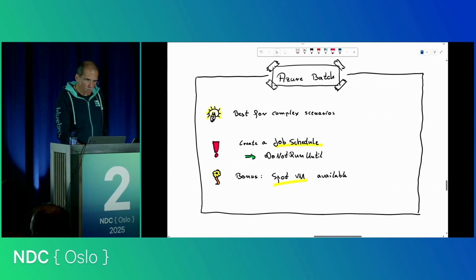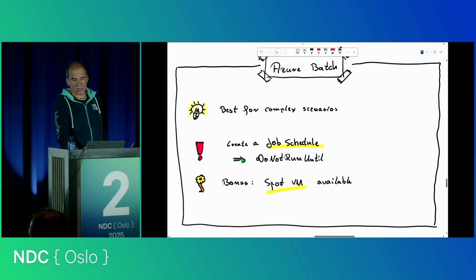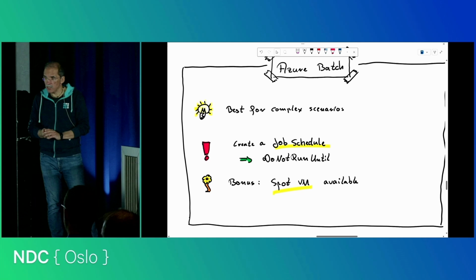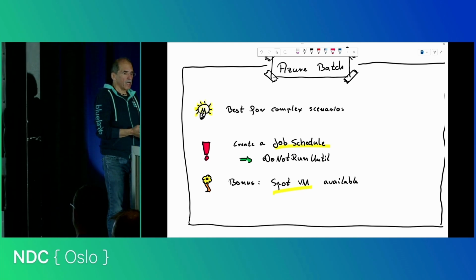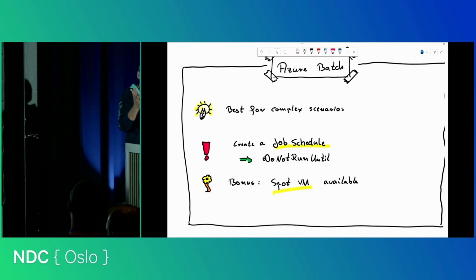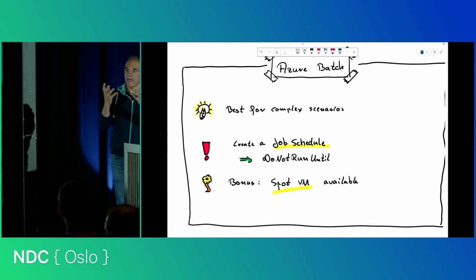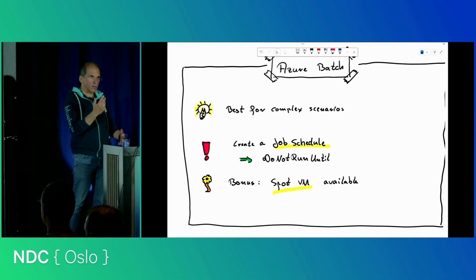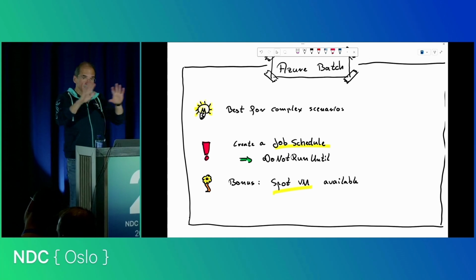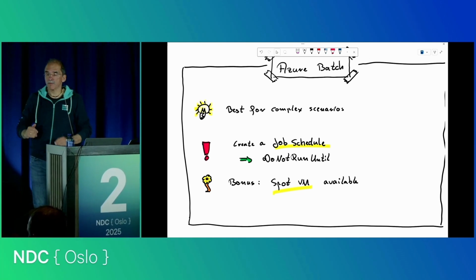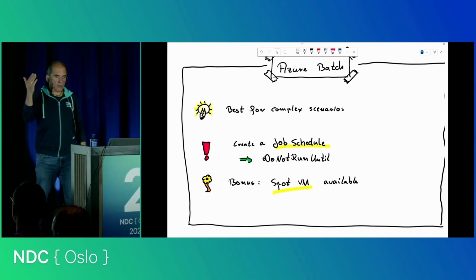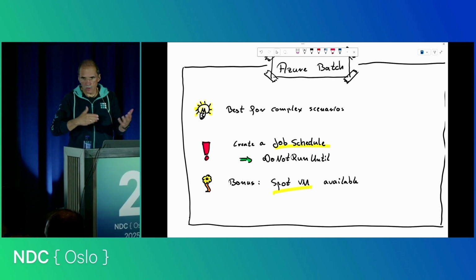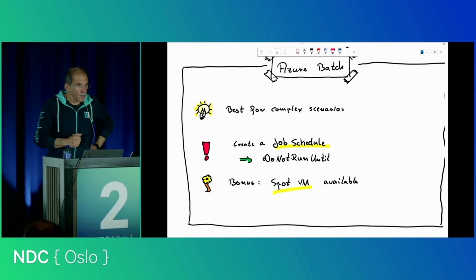If you have more complex scenarios, there is also a service in Azure called Azure Batch, and Azure Batch is on VMs. So you can provide your VMs with custom setups and so on, and you can do the same. You create a kind of job schedule, and then you set the limit.